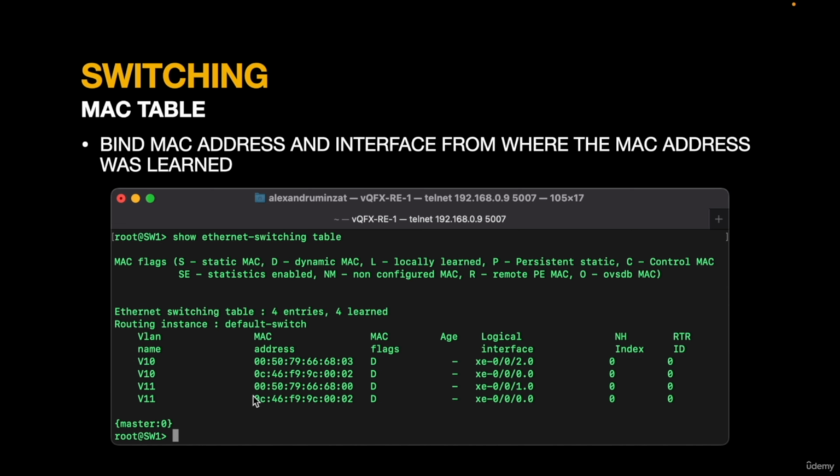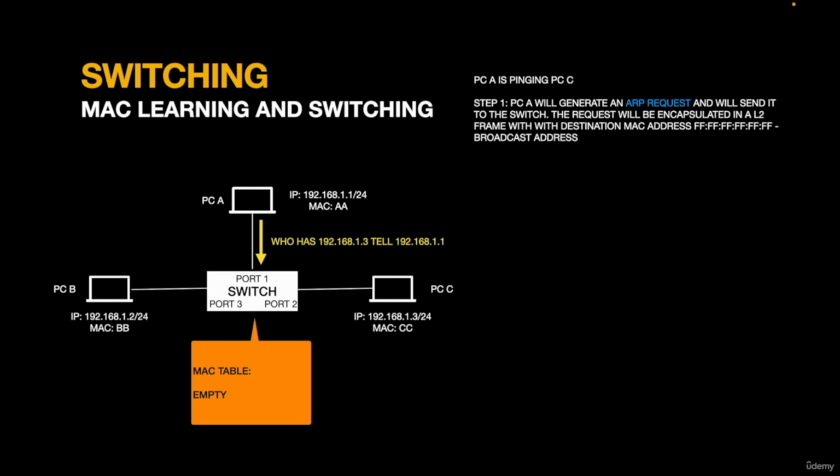And in order to reach this MAC address, the traffic should exit via this interface. It's basically a phone book, and it says that in order to reach this device, you should go this way. So let's see how switching works and how a MAC is being learned.